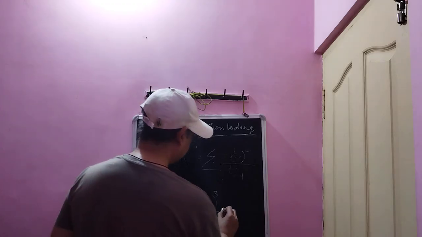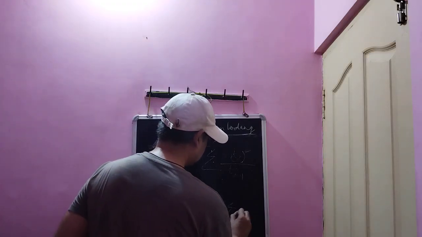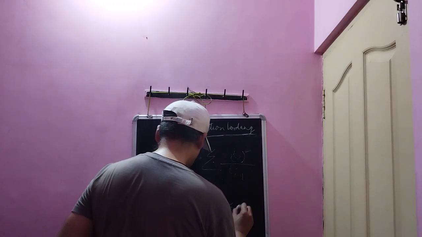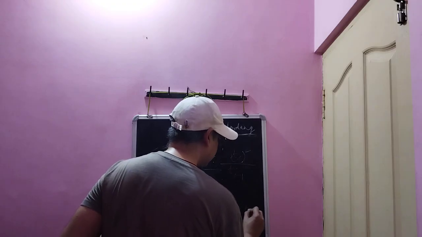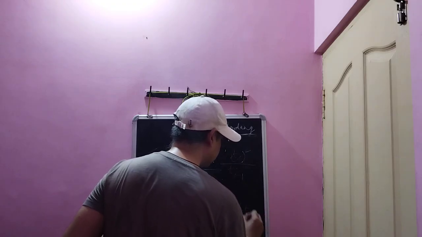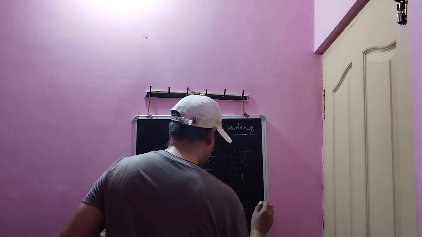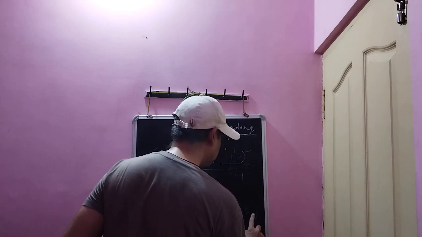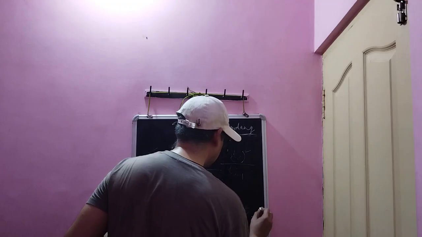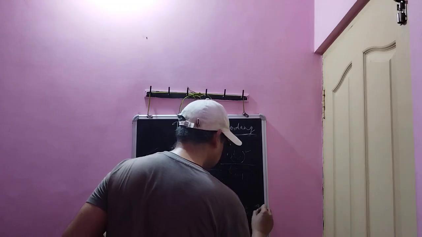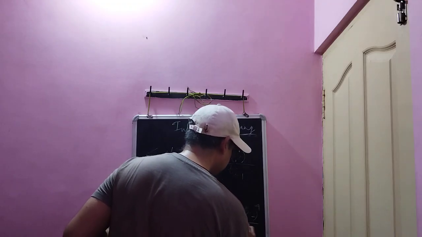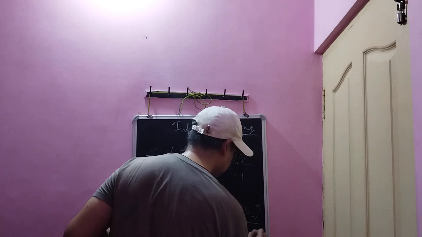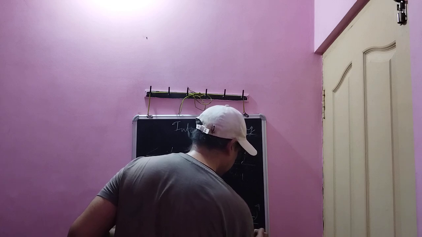This again will come out to r power 6 times (Ti minus 2) whole power 4 by (Ti minus 3) whole cube.